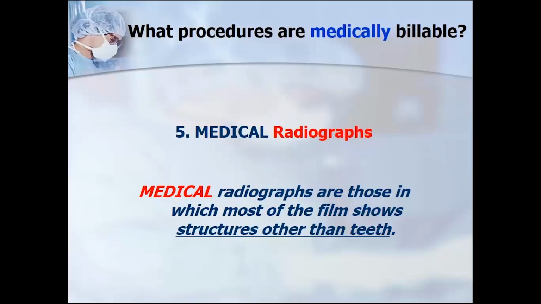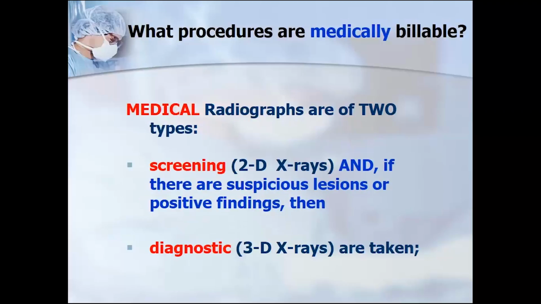Fifth category, medical radiographs. What are medical radiographs? They are radiographs in which most of the film shows structures other than teeth. In the mouth, medical radiographs are of two types. Screening radiographs, which are two-dimensional X-rays.